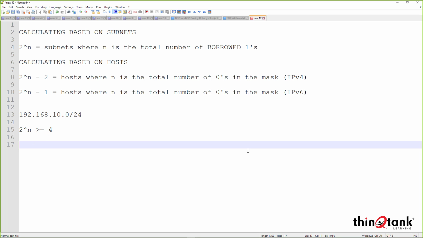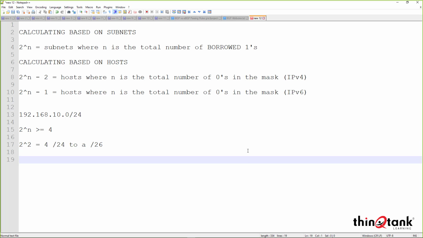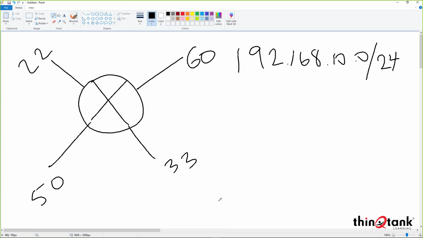Well, solve for n, which is 2 to the power of 2, equals 4, which means I go from a /24 to a /26. So we know we can meet that requirement that way. I know that I can create enough subnets. But now what about the number of hosts? Looking at this diagram, which of these 4 networks would I base my calculation off of?